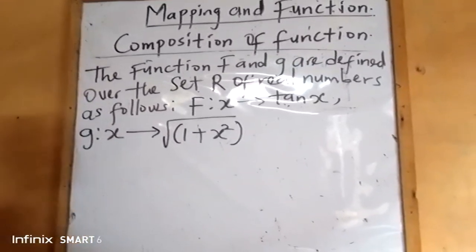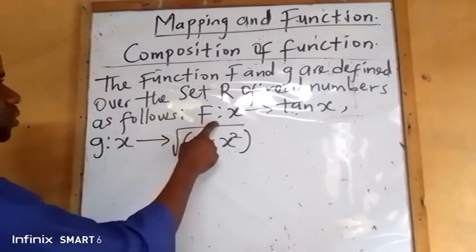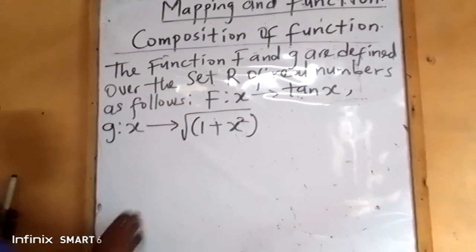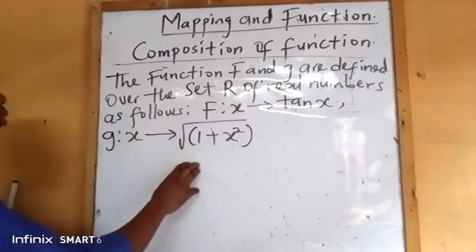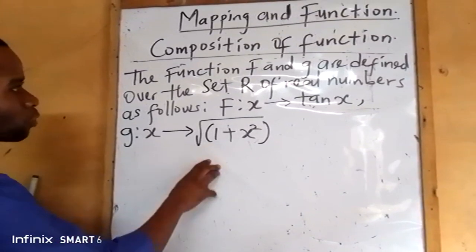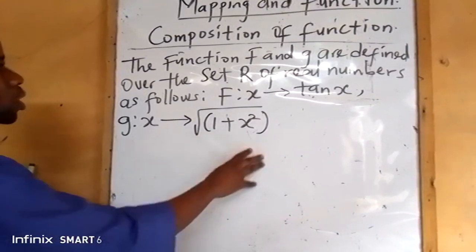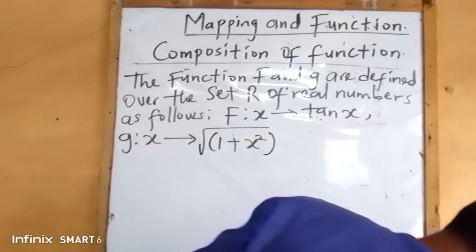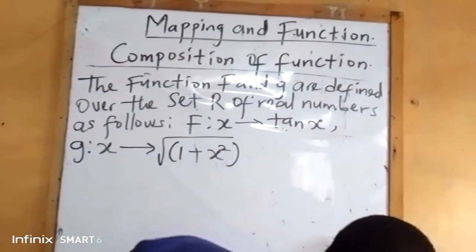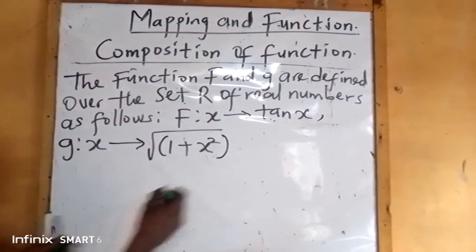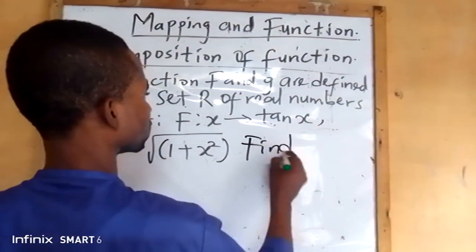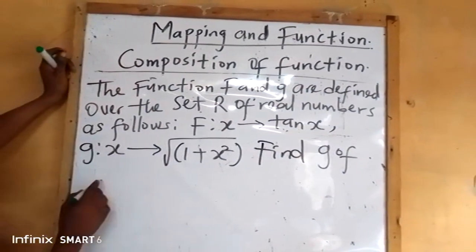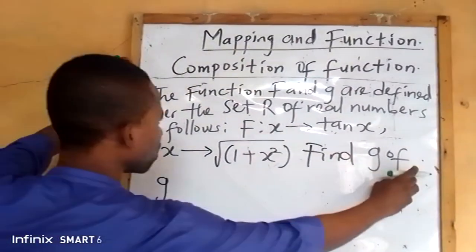Now we are given f of x to be tan x and g of x to be the square root of open bracket 1 plus x square close bracket. Now what they ask us to find is g of f. Now write g and what is f.